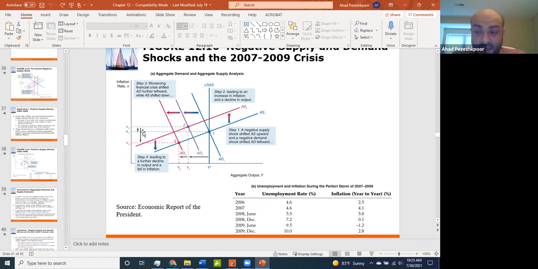Stiglitz is considered a left-wing economist, more of a higher taxes, more social welfare economist. And I read his article.